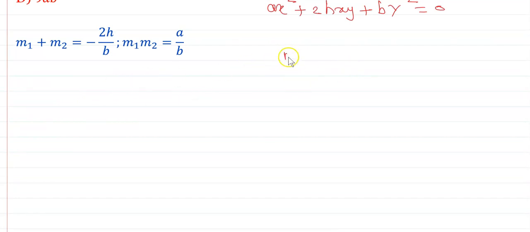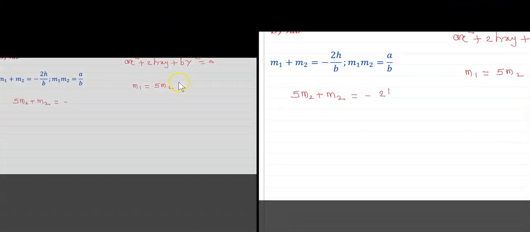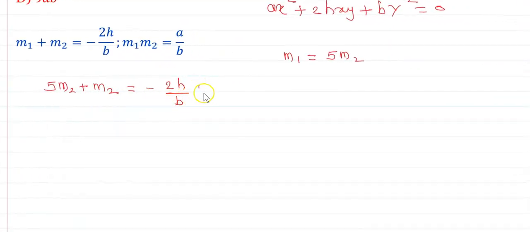Therefore here we write m1 equals 5 times m2. If we substitute the value, m1 plus m2 is 5 times m2 plus m2, equals minus 2h upon b. Next, m1 into m2. The value of m1 is 5 m2, so 5 m2 into m2 equals a upon b.